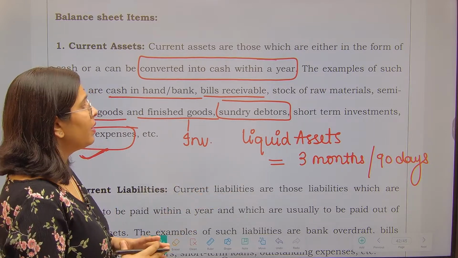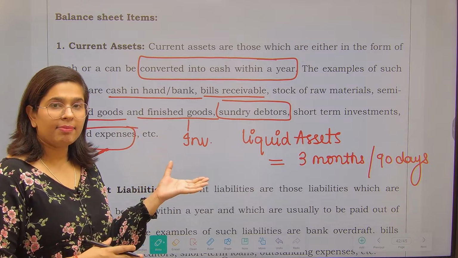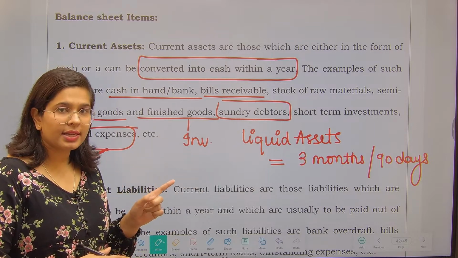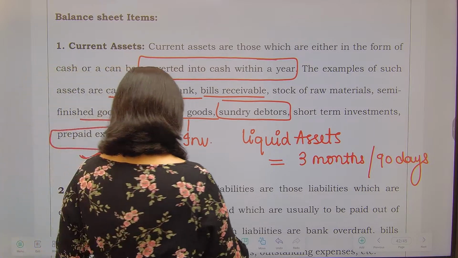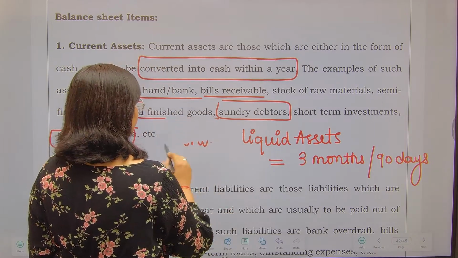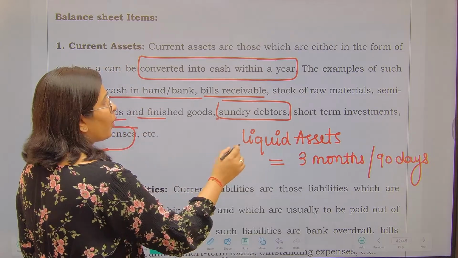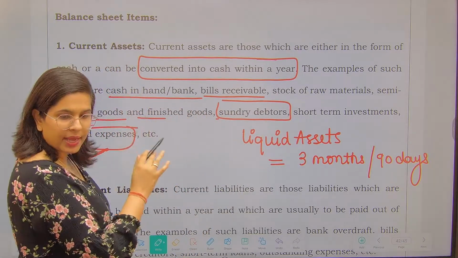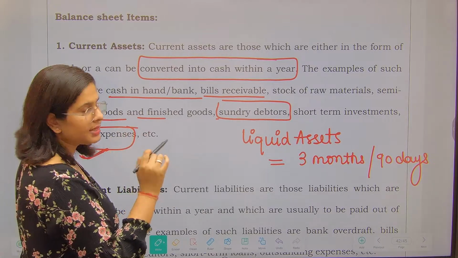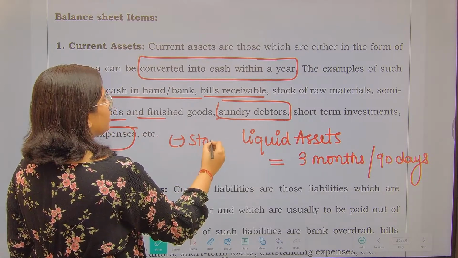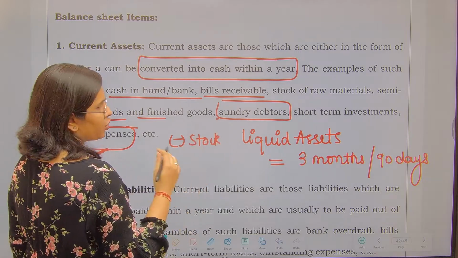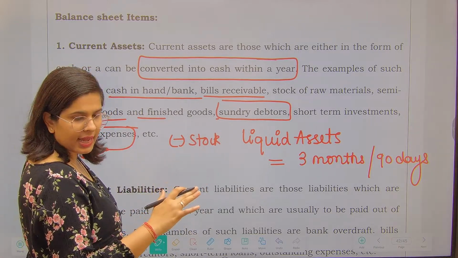Now please remember, your stock, that means your inventory, is not considered as liquid. Okay? So what are the exclusions? All these current assets will be considered as your liquid assets apart from stock of raw material, finished goods, semi-finished goods. They are not considered as liquid assets.